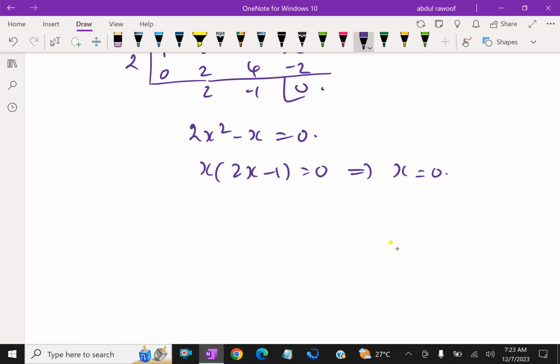Here x equal to 0 and x equal to half. The integer root is x equal to 0. Then the first root is 2 and the other root is 0.